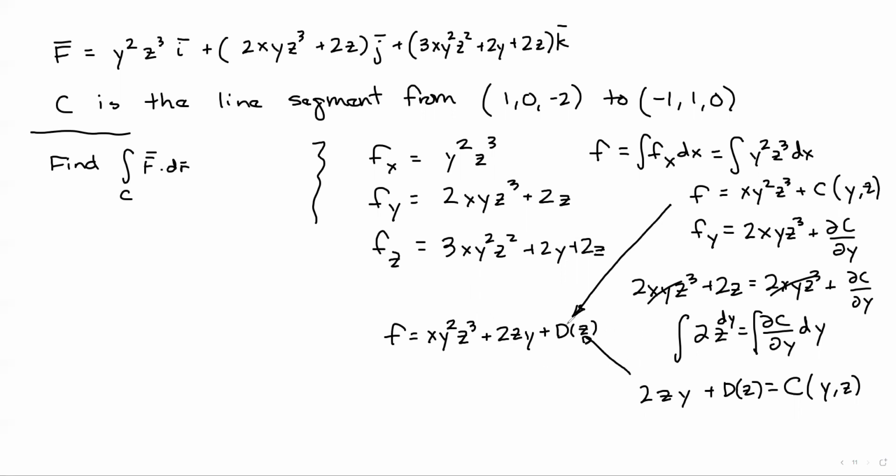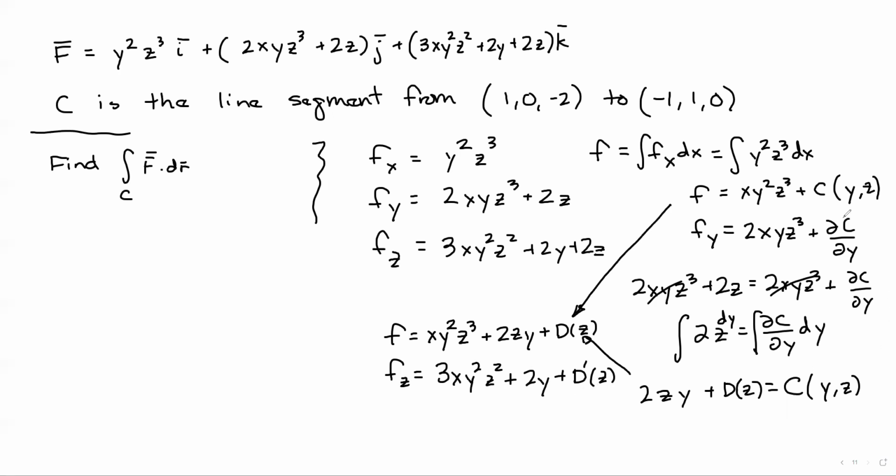All right, and then finally, to use the last definition, we're going to take the partial of this with respect to z. That's going to give us 3xy squared z squared plus 2y plus d prime of z. I'm using prime here because I'm differentiating a single variable function with respect to that variable, and so you can use a prime there instead of a partial.